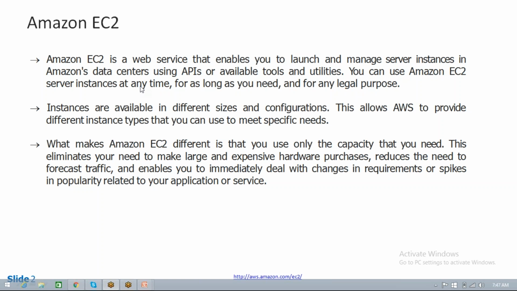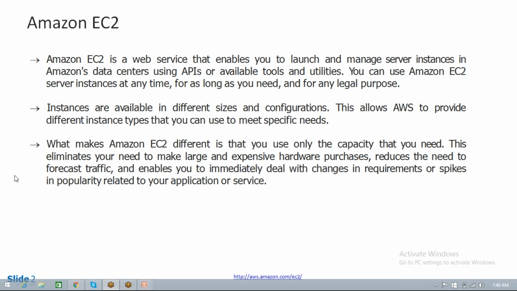So whenever we launch an instance, automatically by default we will be launching an instance or a server in the Amazon's data center. So Amazon's data center is nothing but the regions, those 10 regions which we have seen yesterday. Okay, so each region has 2 to 3 data centers in it.